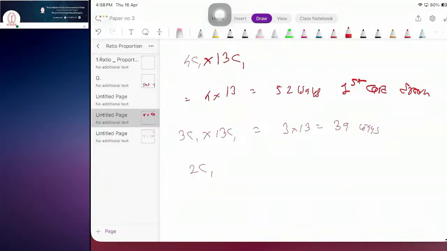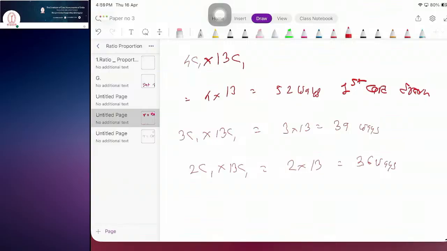Total 4 suits: spades, hearts, clubs, diamonds. Out of them 2 have gone, and now 2 remain. 2C1, and for that also 13C1, because only 13 cards out of 52 are of that particular suit. So that will be 2 multiplied by 13, which is 26 ways.